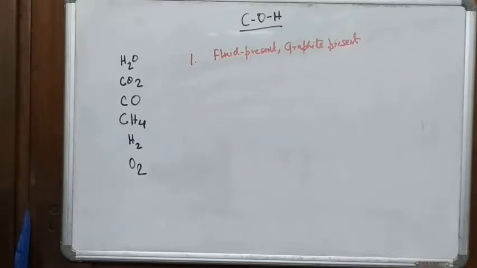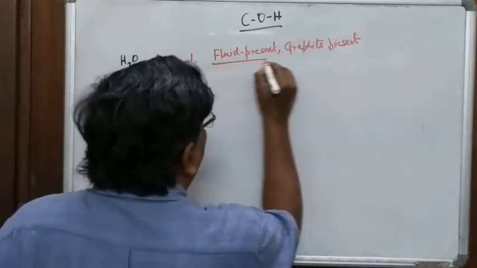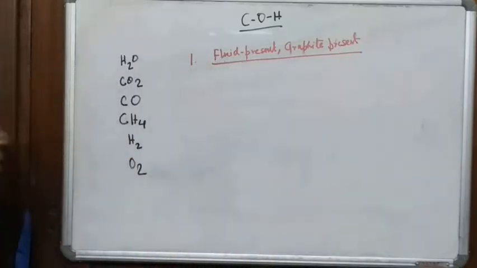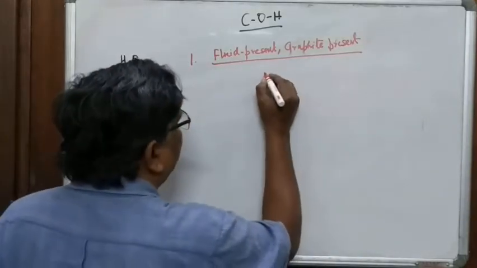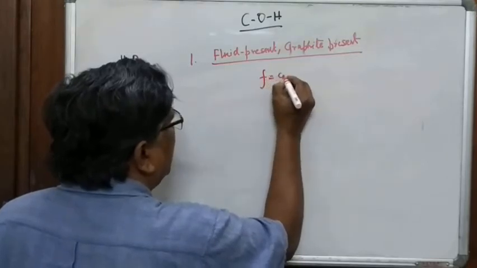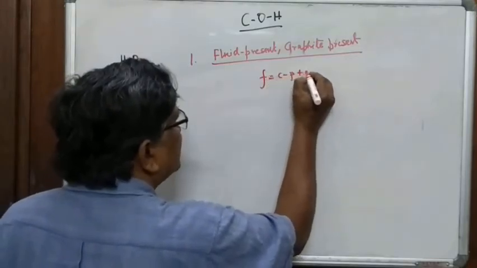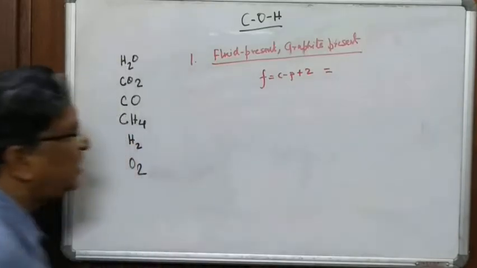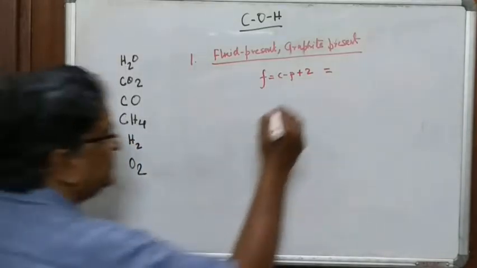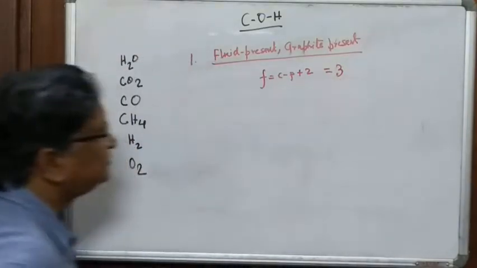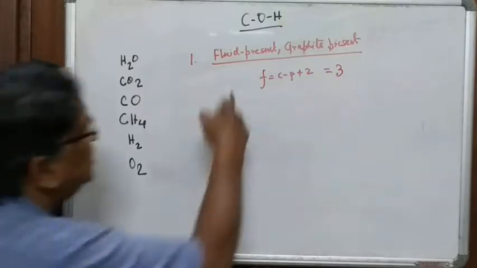So it's interesting. First of all, we go back to the Gibbs phase rule. F is equal to C minus P plus 2. How many components? 3. How many phases?